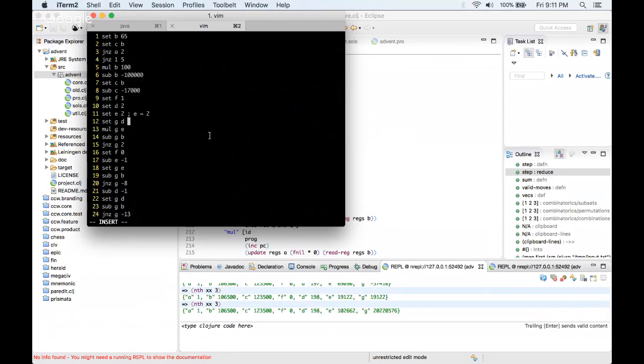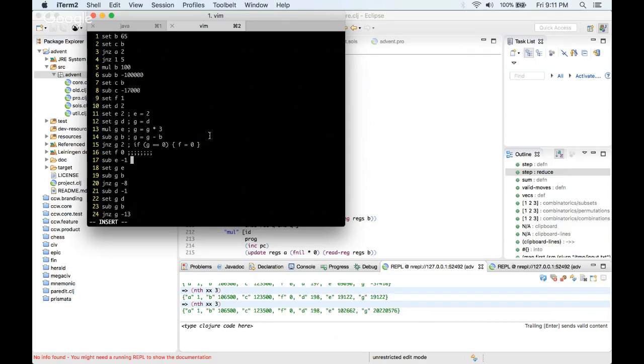E equals 2, G equals D, G equals G times E, G equals G minus B. If G is not equal to 0, then actually if G equals 0, then what this is saying is F equals 0, like this.